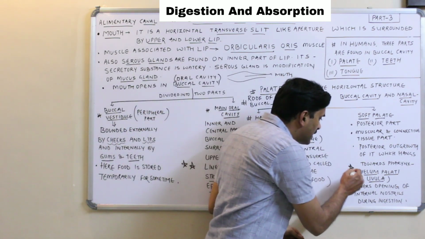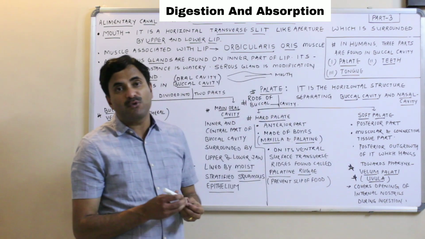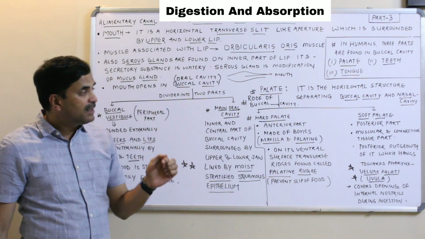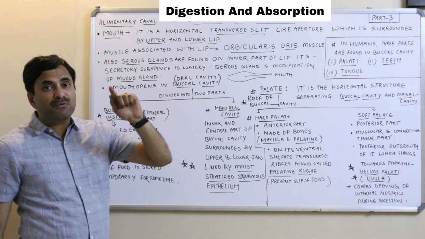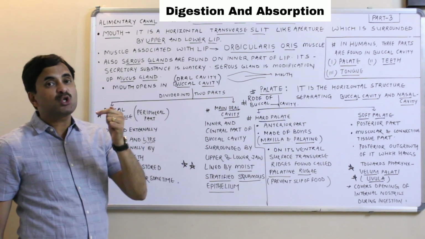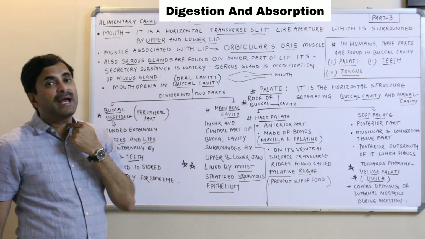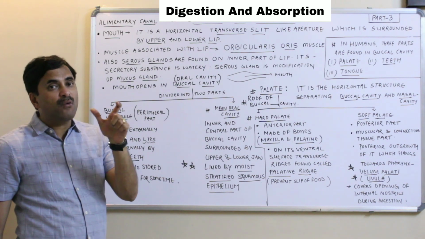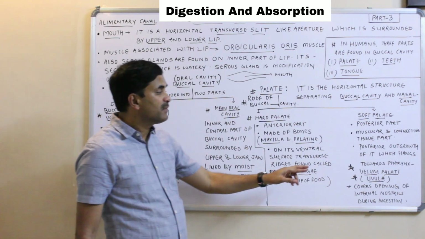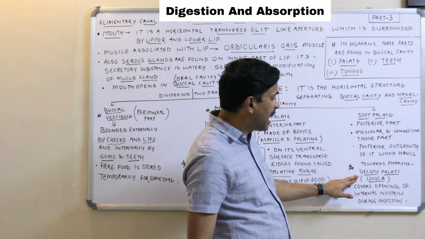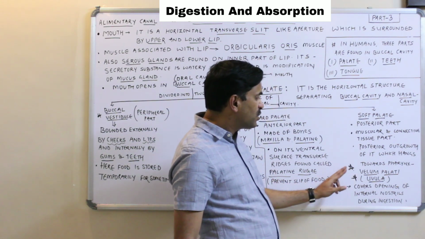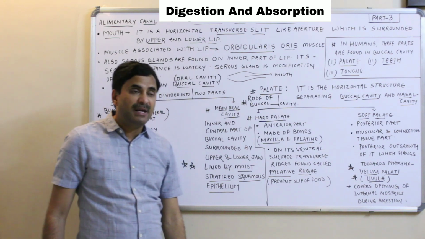It is also called uvula. The posterior part of the soft palate hangs towards the pharynx region, and that overhanging of the soft palate is called velum palati, or uvula.